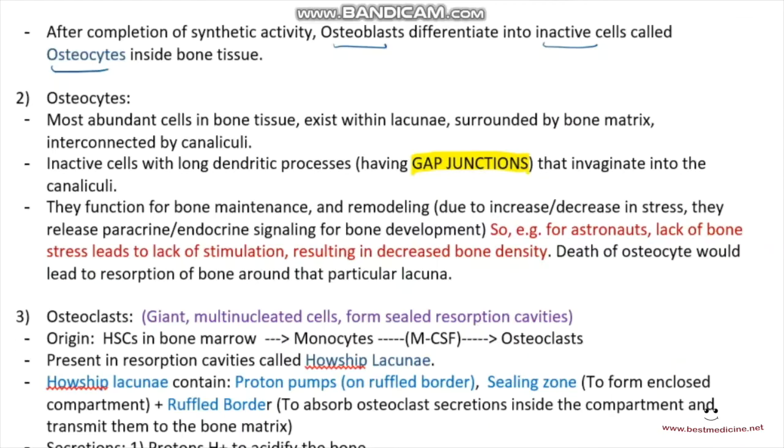So this lack of bone stress actually leads to a decreased stimulus of the osteocytes, and this results in more bone resorption and decreased bone density. So as osteocytes are cells of the bone tissue and they keep the bone alive, then death of an osteocyte would actually lead to resorption of bone around that particular lacuna, all right?